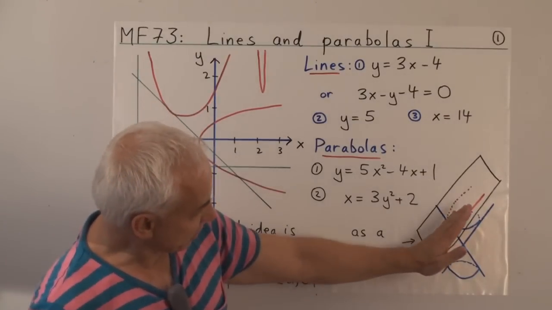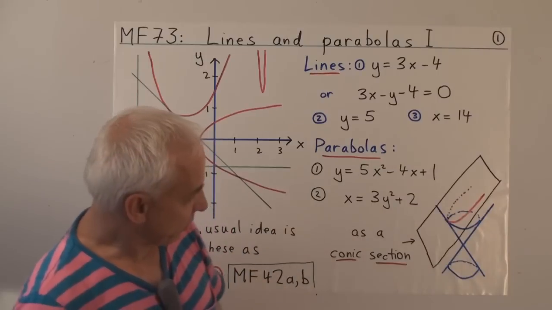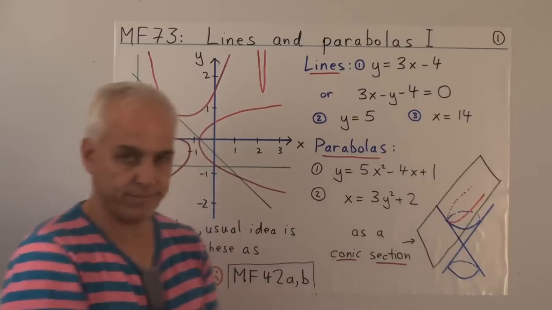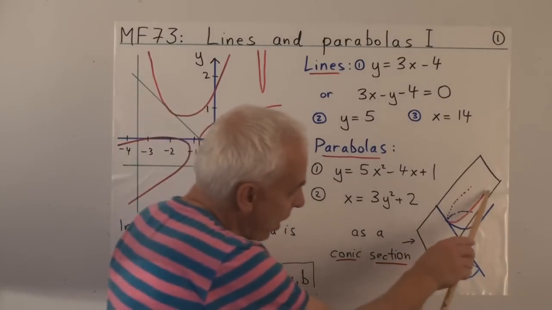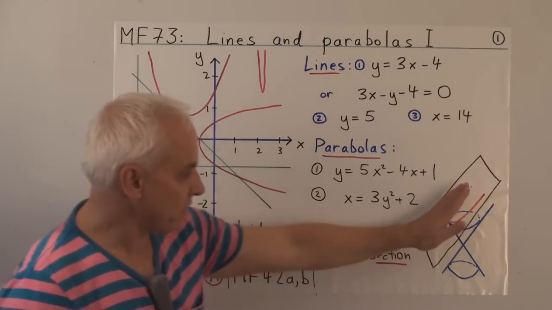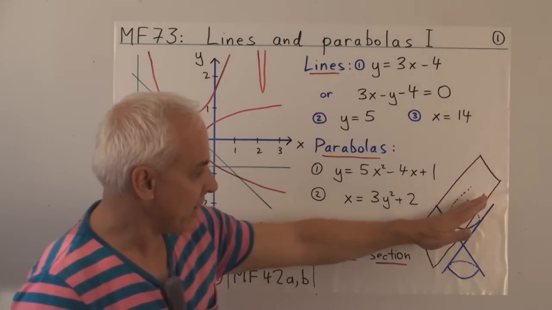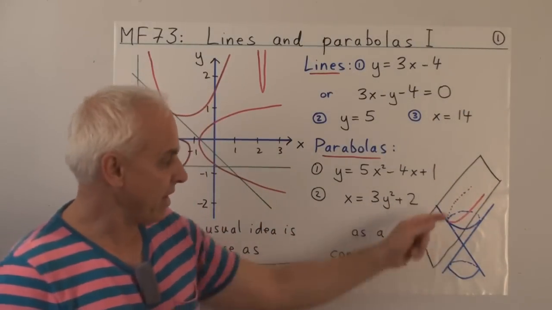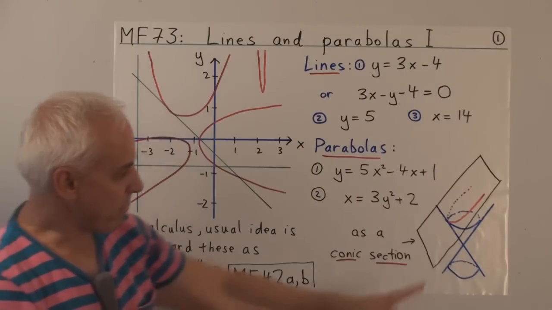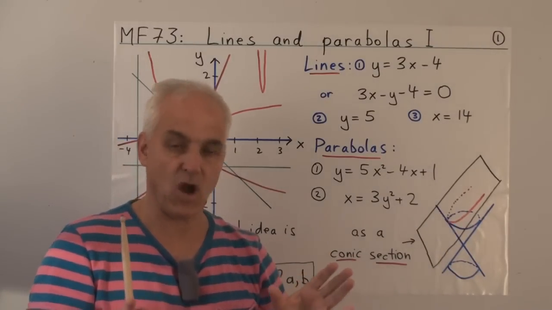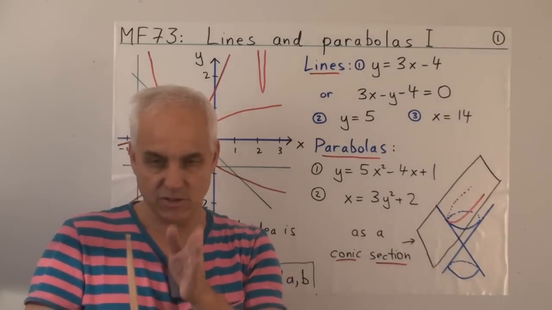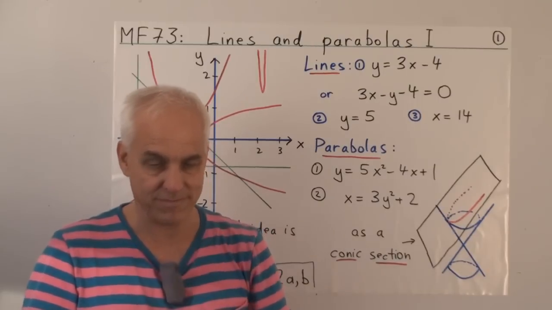And the parabola is a very special case when the plane that we're slicing is parallel to one of the lines of the cone. That way we get a one-sided figure which is unbounded. If you move it just a little bit like this, you would get an ellipse. If you moved it just a little bit like this, you would get a hyperbola with two branches. So a parabola is a very special kind of conic section, sort of poised between the ellipses and the hyperbolas, just sort of on a knife edge between the two categories.